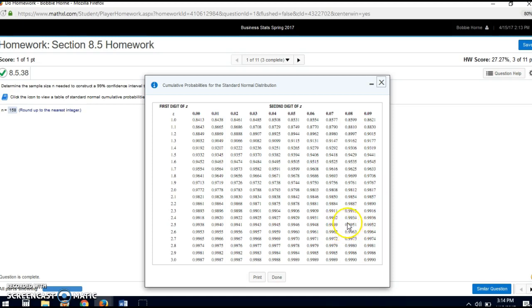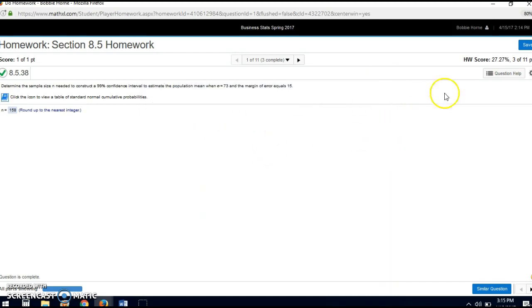So it's halfway in between these two values, right? Because 0.995 would be in between. So what you're going to do is take 2.57 and 2.58 and take the average of that. If you add them and divide by 2, you would get 2.575. So that is how we get our z value.